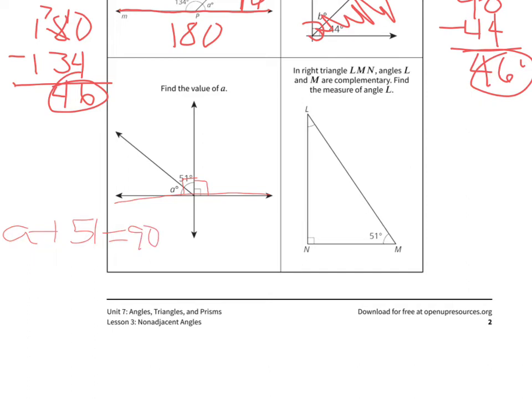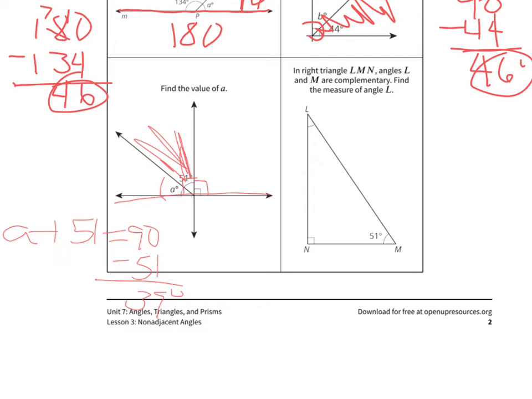So we need to get rid of this 51 degrees here to find angle A. So if we go 90 minus 51, we will get 39 degrees. So over here, in column B, we should also get 39 degrees.